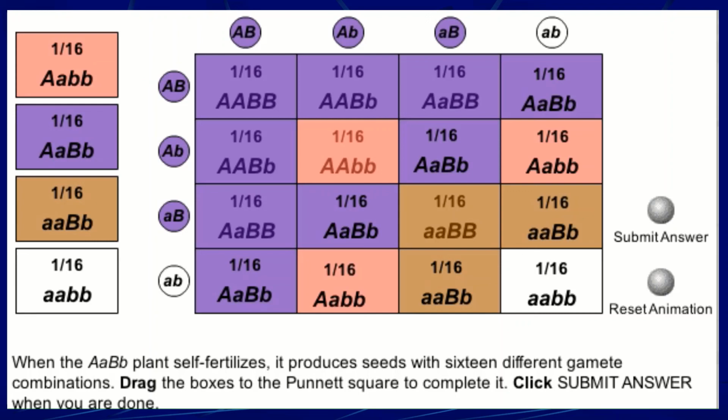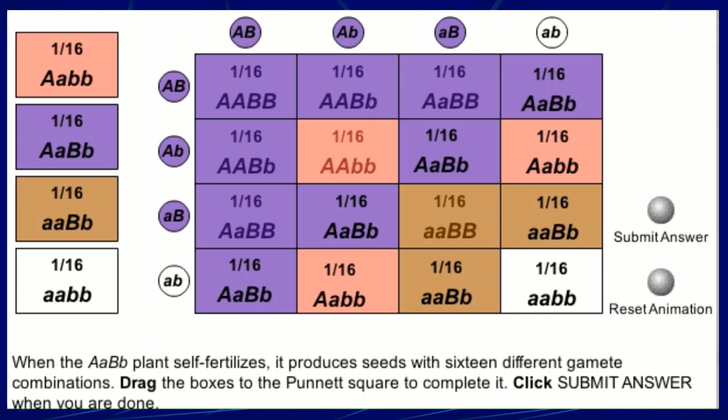If we see, for example, here with a capital A but all small b, then that means this is purple but short. So this one is purple but short, this one is purple but short, and purple but short. That gives us 3 out of 16 purple and short. But we also have the homozygous lowercase a with a capital B. So that means this one is white but tall.